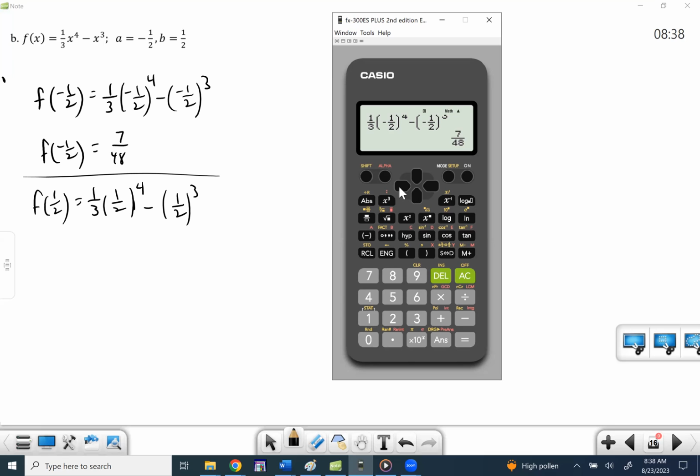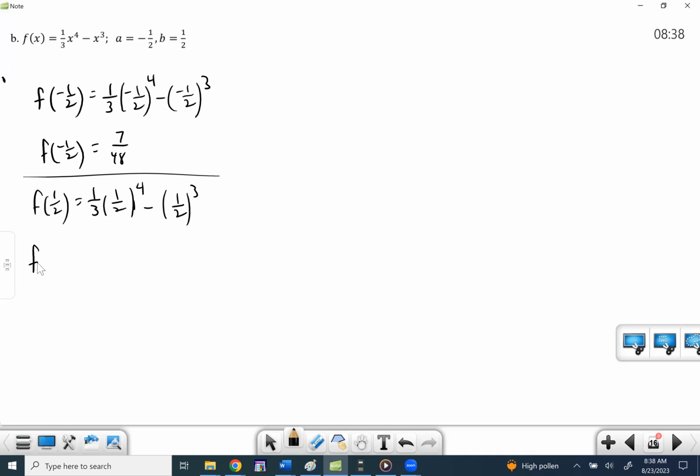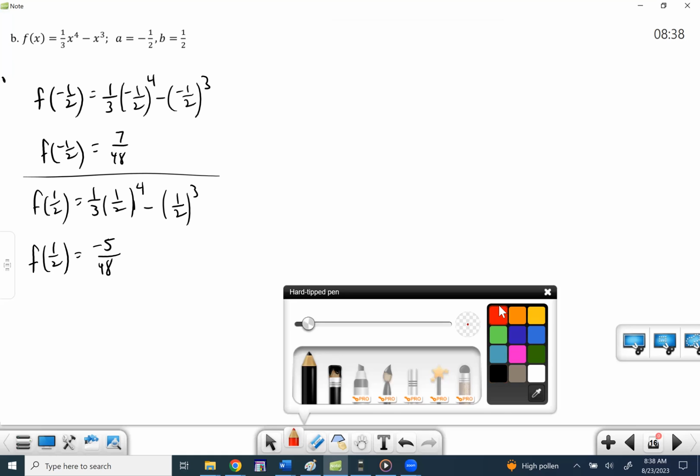Oh no, okay, let me just hit to the right. There we go, that's what does it. So backspace, let's get rid of those negatives, right? Backspace equals -5/48. Cool, and this is what I got when I did it myself, so this looks good. Okay, so we are in business.